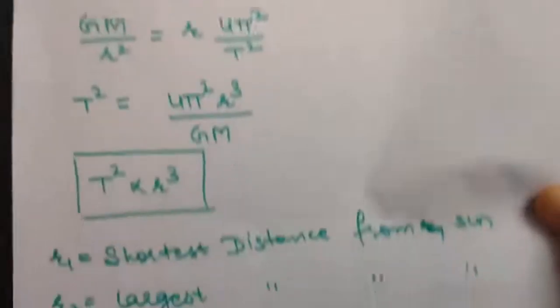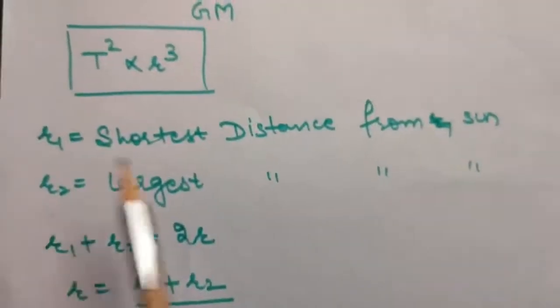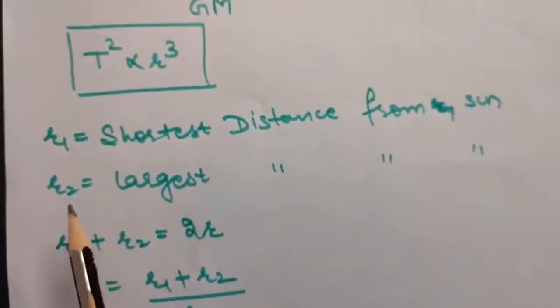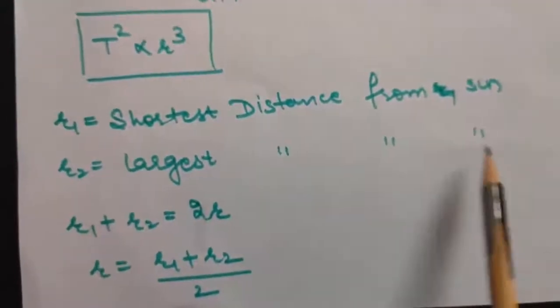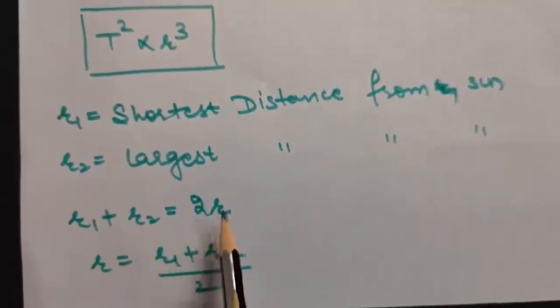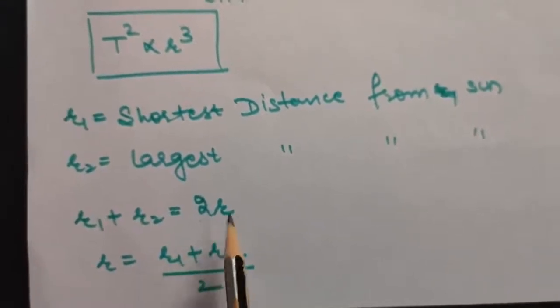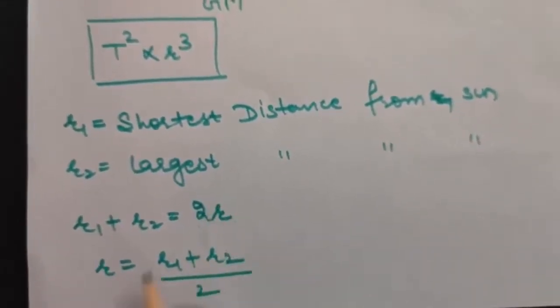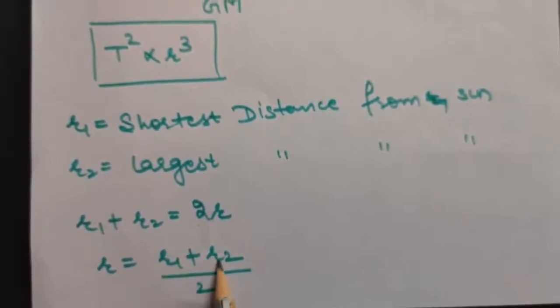I have just written here: R1 is the shortest distance from the sun, R2 is the largest distance from the sun, and from the figure, as I explained, R1 plus R2 is equal to 2R. So from here, the value of R will come to be R1 plus R2 upon 2.